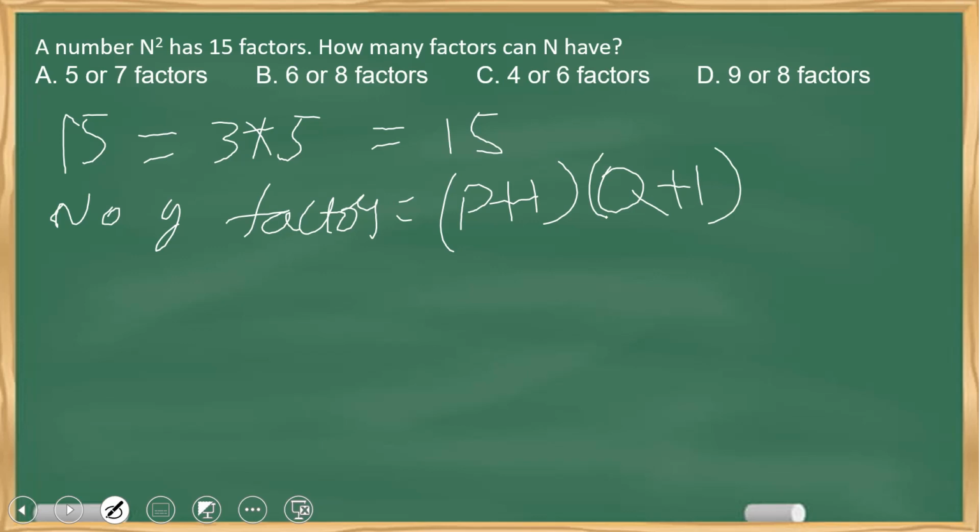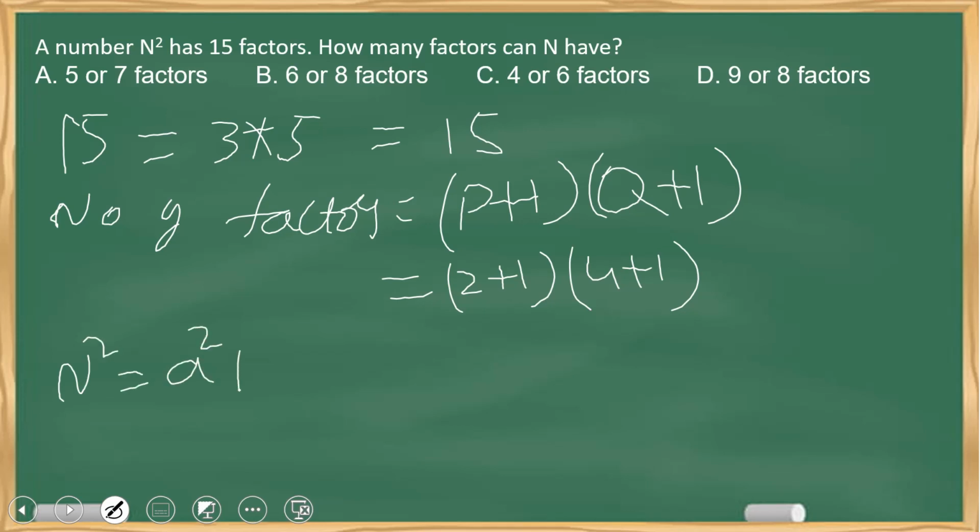Now 3 can be written as 2 plus 1 into 4 plus 1. So the number n square will become a power 2 into b power 4. Similarly, n will become a into b square.